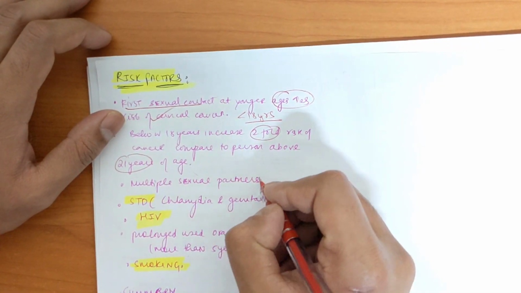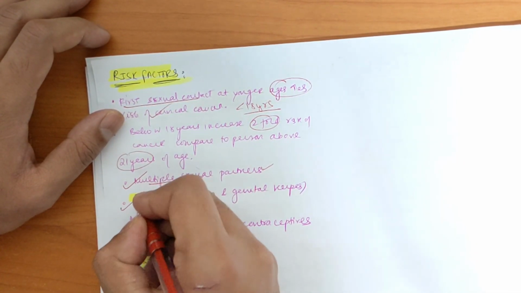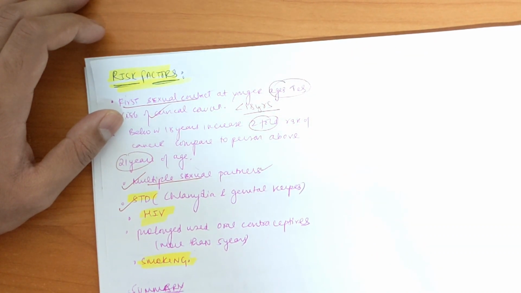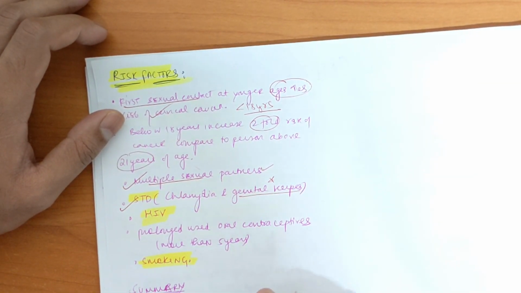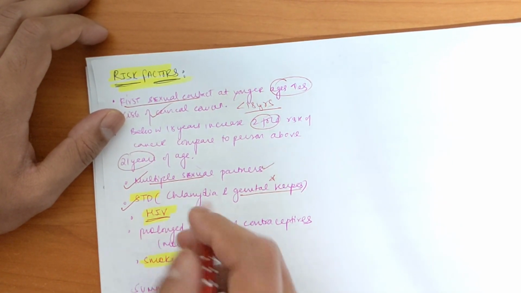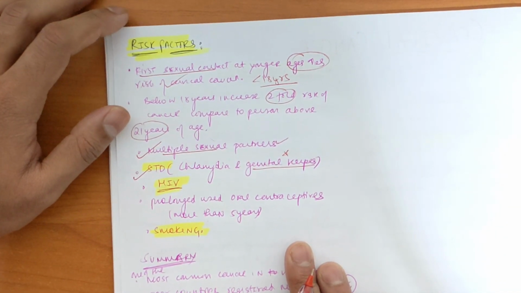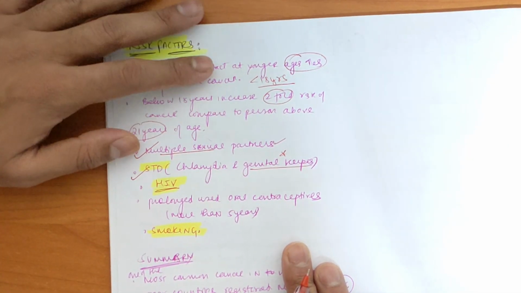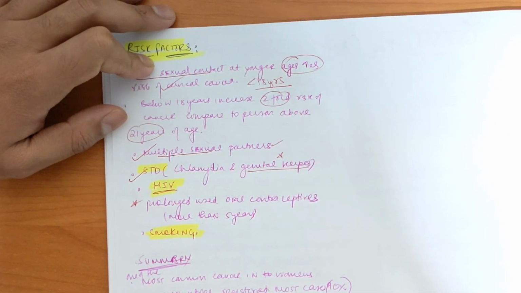Having more than one sex partner also increases the risk. Sexually transmitted diseases like chlamydia, genital herpes, and HIV can also lead to cervical cancer. And if a woman uses oral contraceptives for more than 5 years, she has a risk of developing cervical cancer at a later stage.